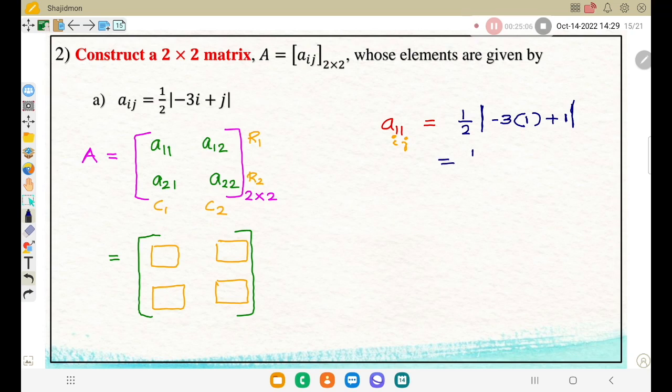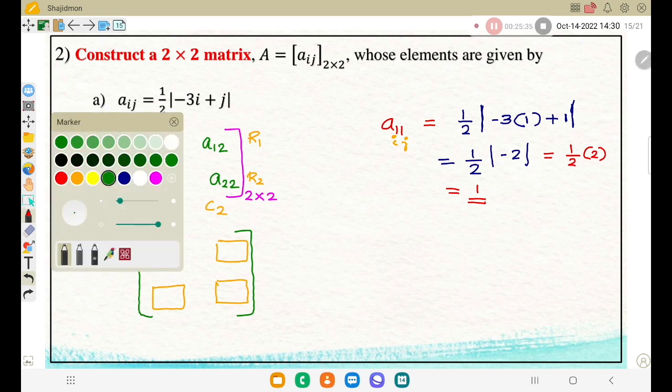Equals half multiplied by absolute of minus 3 multiplied by 1, which is minus 3. Minus 3 plus 1 means minus 2. What is absolute of minus 2? Just to remove the minus sign. That is the meaning of absolute. Correct? So equals half multiplied by 2. That means equal to 1. Hope you understood. So the first number is 1. You can use the calculator. 2 and 2 will cancel. So the answer is equal to 1.